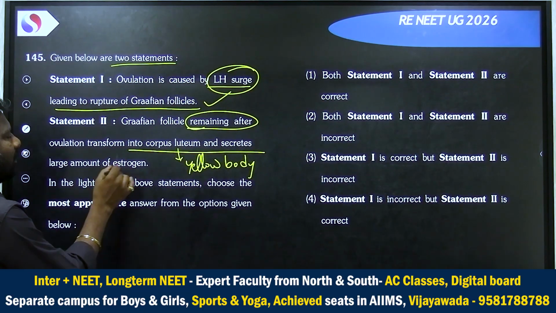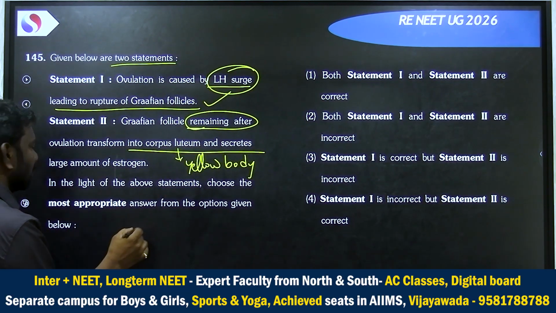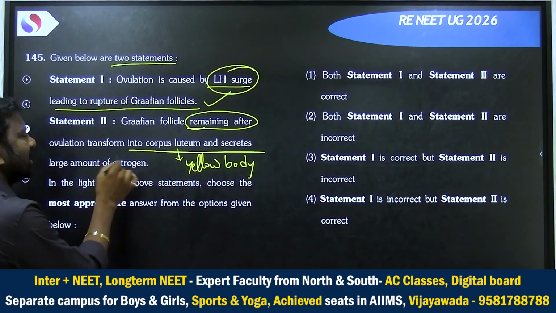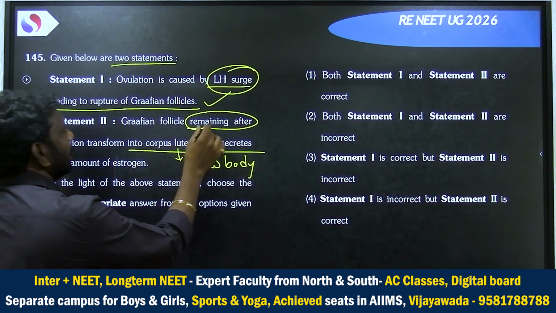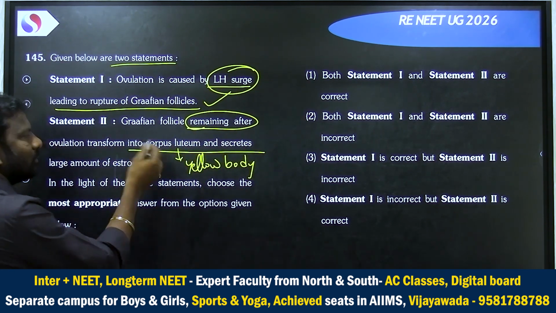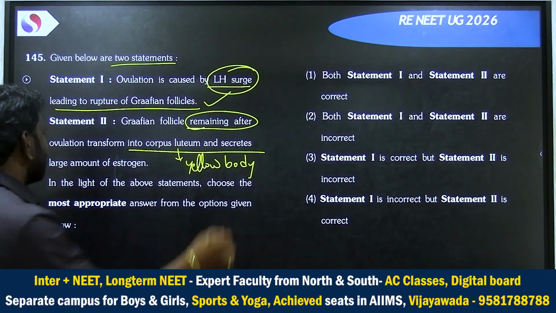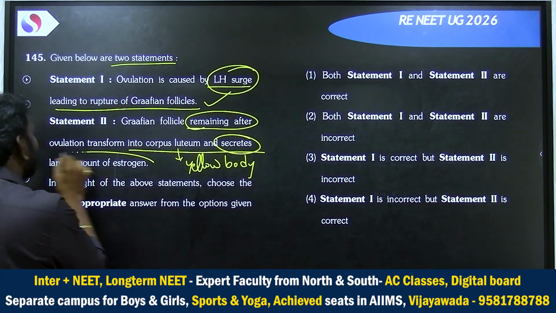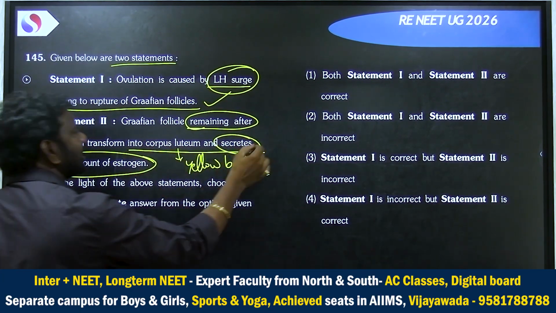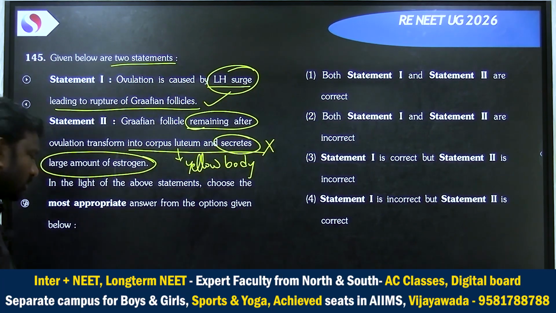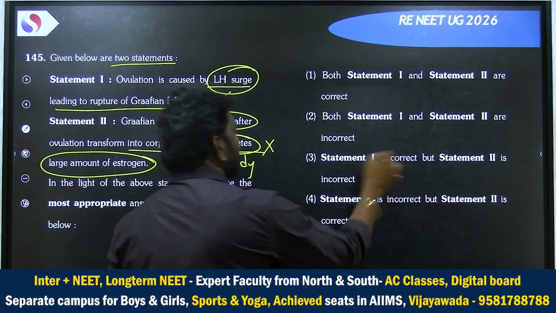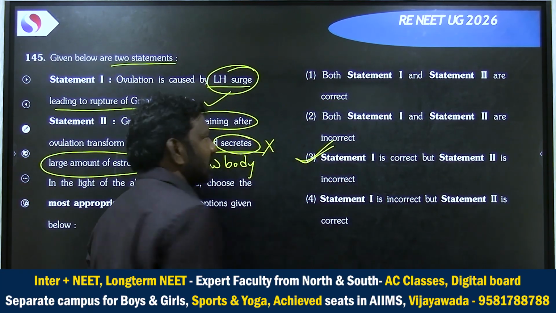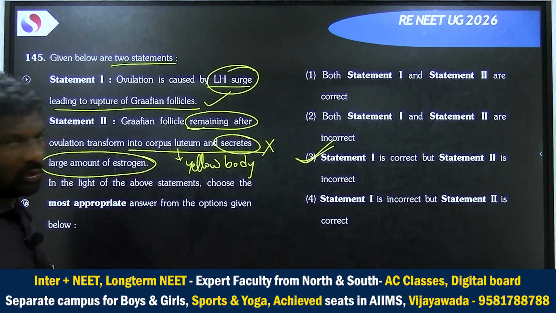Large amount is progesterone, low amount is estrogen. But in this statement, they have given that the corpus luteum secretes a large amount of estrogen. That's why this statement is wrong. So statement 1 is correct and statement 2 is incorrect. The third option is the correct one for this question.